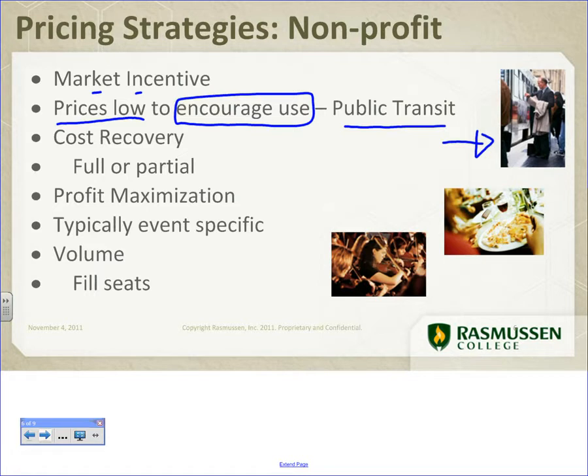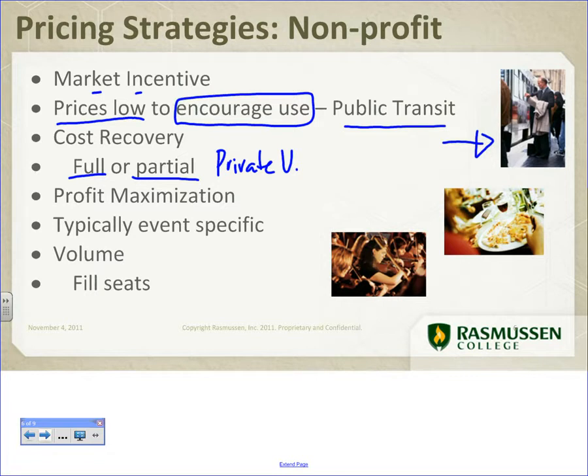All right, it costs nonprofits money to put their services out there, and the degree to which an organization wants to either fully recoup those costs or partially recoup those costs is going to determine their pricing. For example, a private university might have the marketing or pricing objective to fully recoup just their basic costs, and everything else is either subsidized or goes to charity, etc.